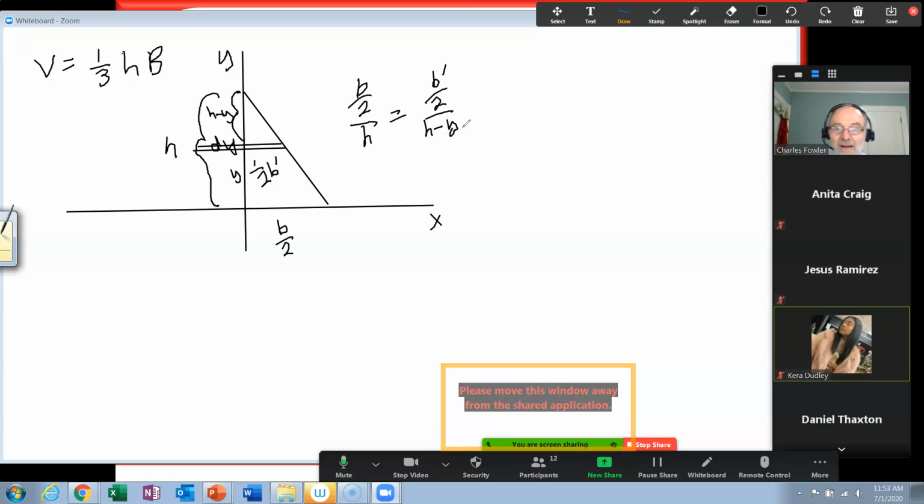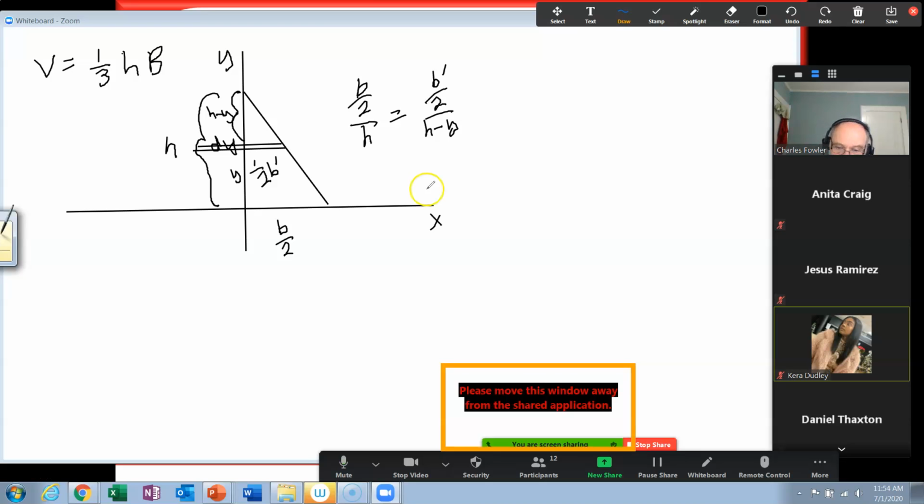What we're trying to do is get the B prime here in terms of the y down here, because B we know, H we know, we just don't know B prime, but we want it in terms of y.